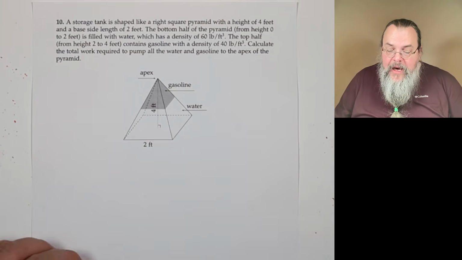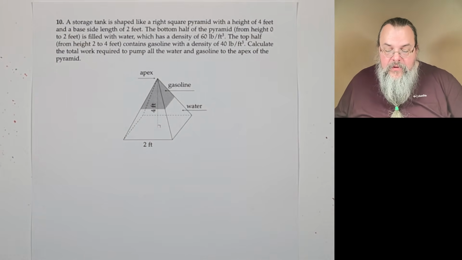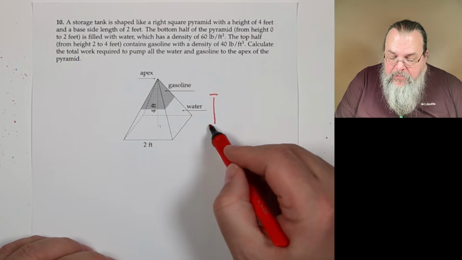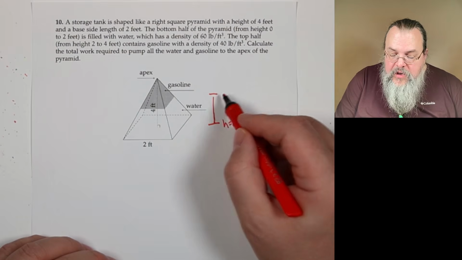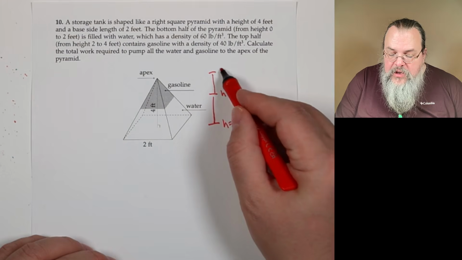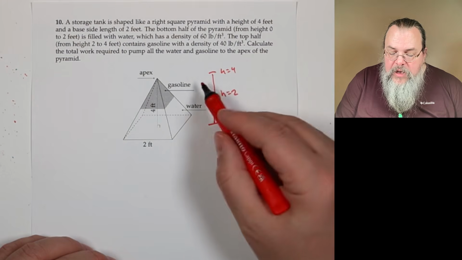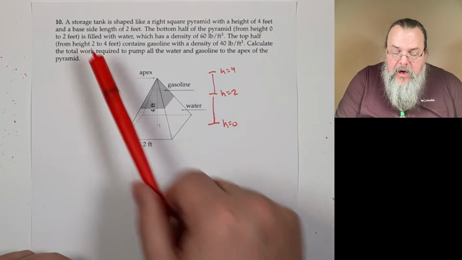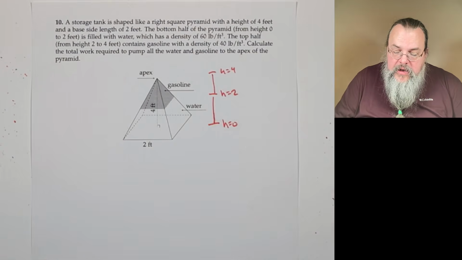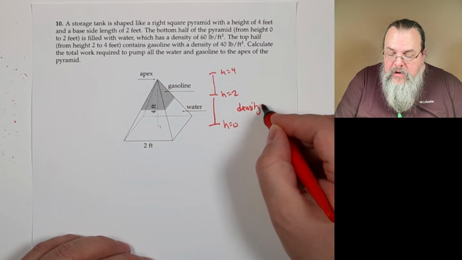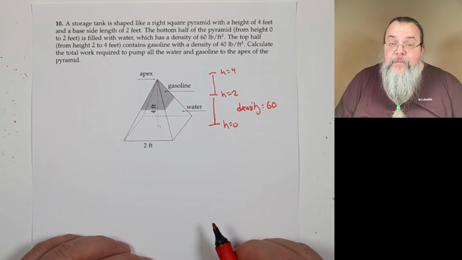Now the bottom half of the pyramid, and it's very explicit here, from height h equals 0 to h equals 2 is water. From h equals 2 to h equals 4 is gasoline. The bottom half is water, with a density of 60 pounds per cubic foot.